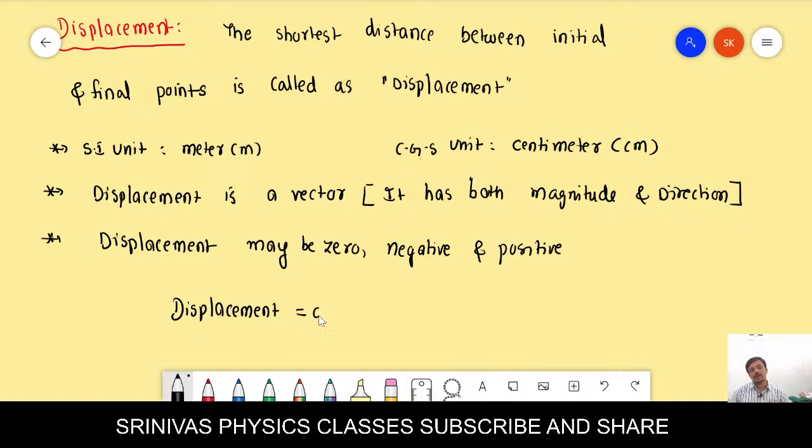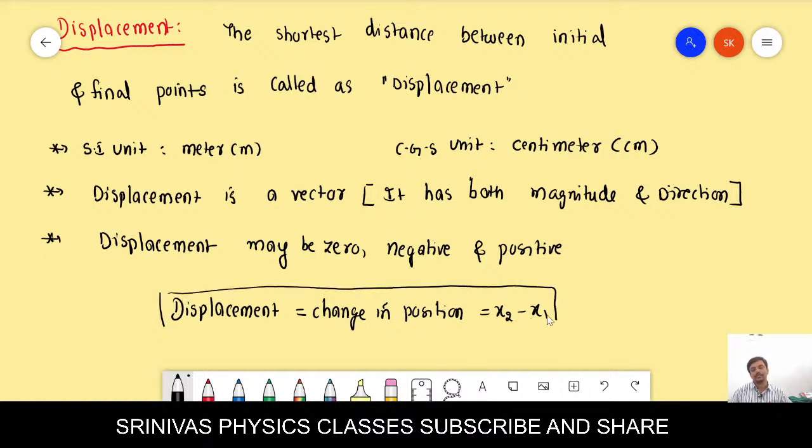Displacement is equal to the change in position, that is x2 minus x1.